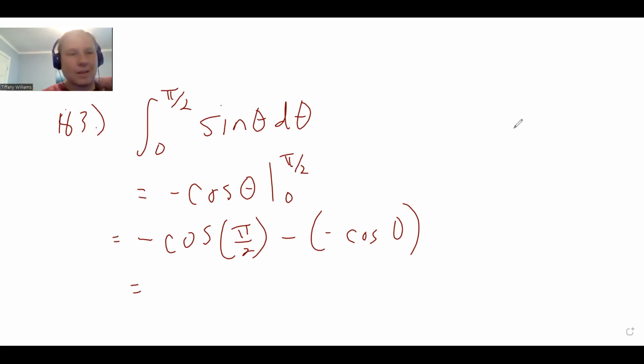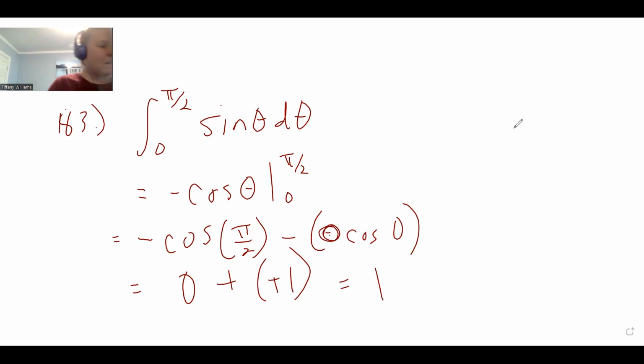So negative cosine of pi over 2 is still going to be 0. So I'm going to have 0 minus a negative. Let's see. Cosine of 0 is going to be 1. We'll make it negative because of this negative right there. 0 plus 1 is 1. Oh, these are so nice. I'm so happy about these.